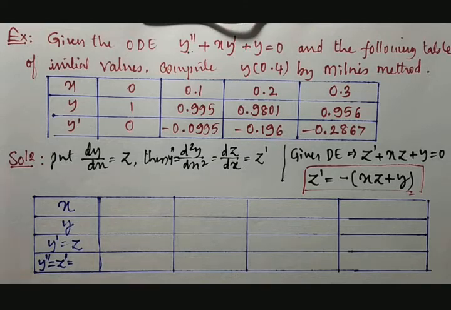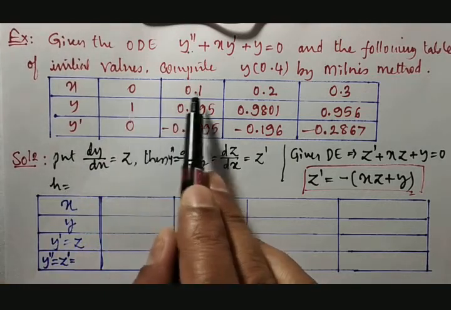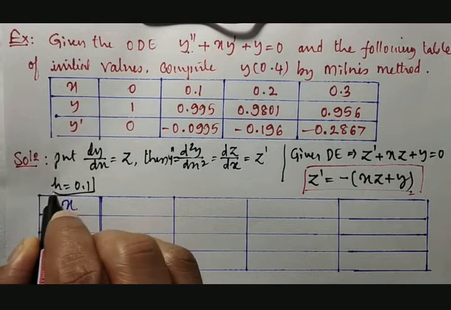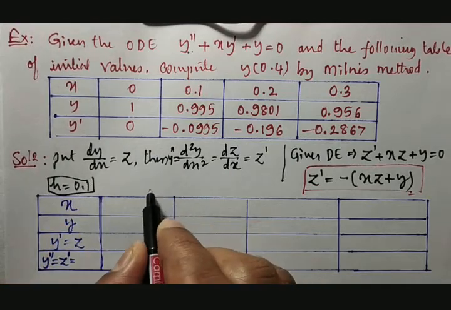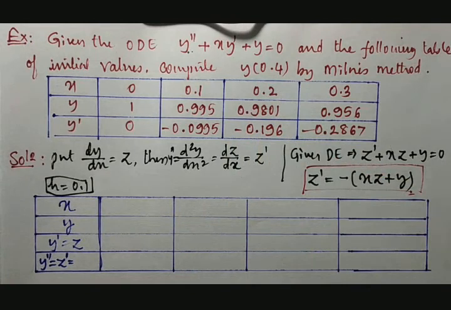Clear? And here, what is h? We can see h is equal to 0, 0.1, 0.2, 0.3, which means the difference is 0.1. Then what is to be calculated? We need to calculate the value of y at x is equal to 0.4.